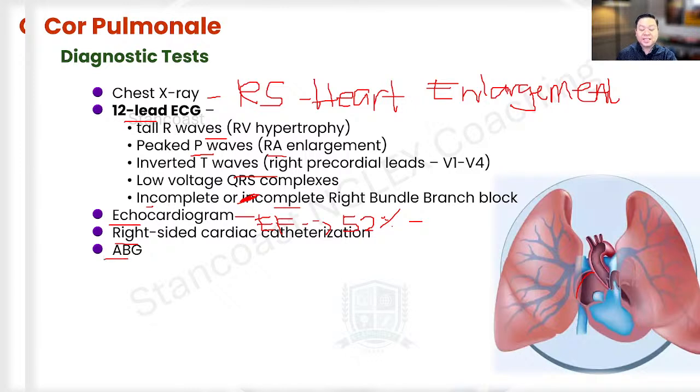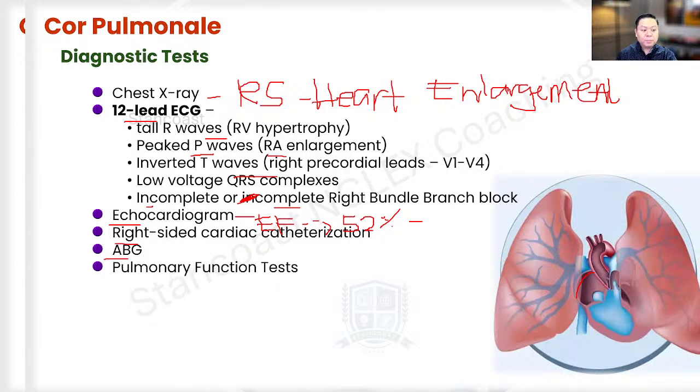Well, this is going to give us some information about the partial pressure of oxygen and also the partial pressure of carbon dioxide. And again, there will be hypoxemia and a reduction in the oxygen level, and possibly a decrease in the blood pH, which is going to signify there is some acidosis going on.